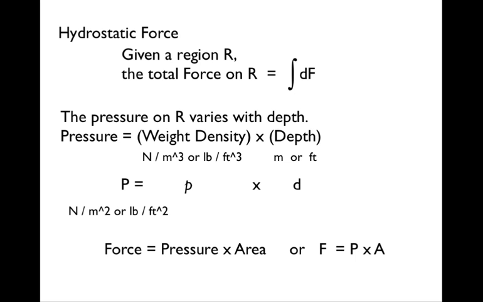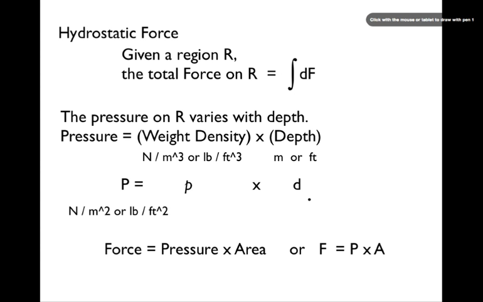Right, so it's all about the fact that pressure changes with depth. If you have a plate and all the surface of that plate is at the same depth, you wouldn't need to integrate. What kind of plate is that? A horizontal plate.